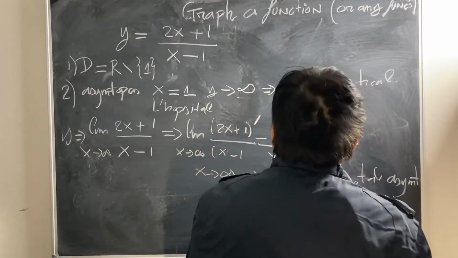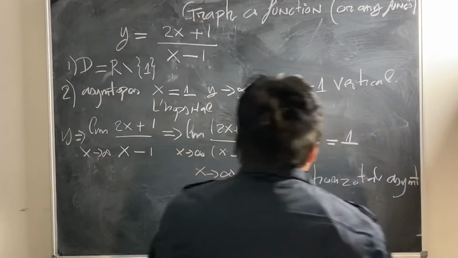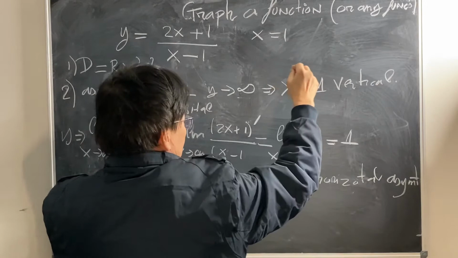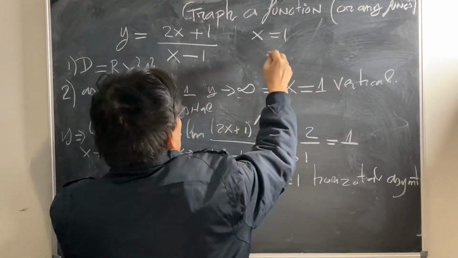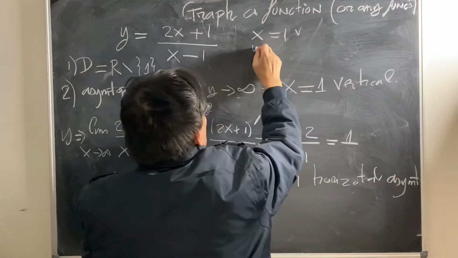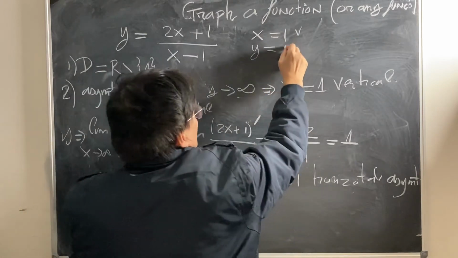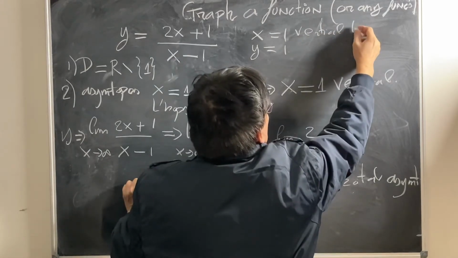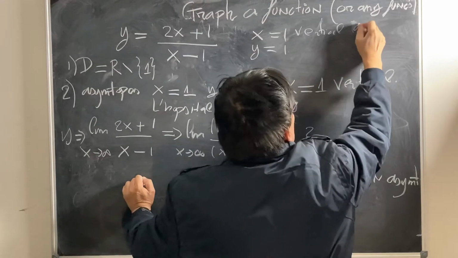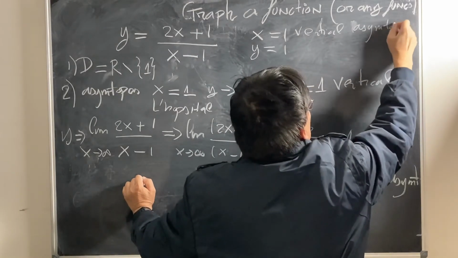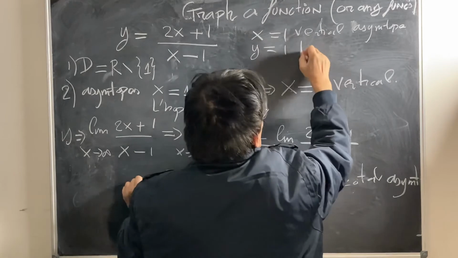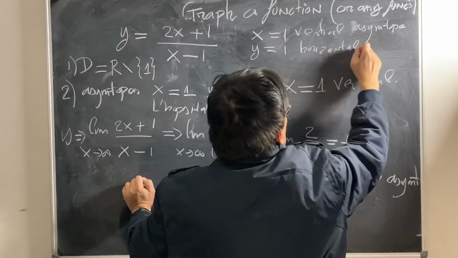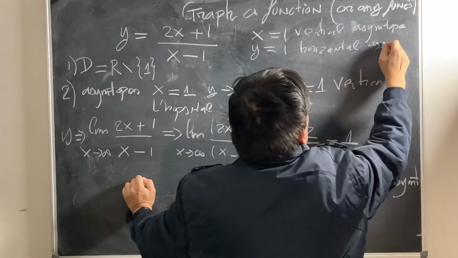Okay, so we have x equals 1 as the vertical asymptote, and y equals 1 as the horizontal asymptote.